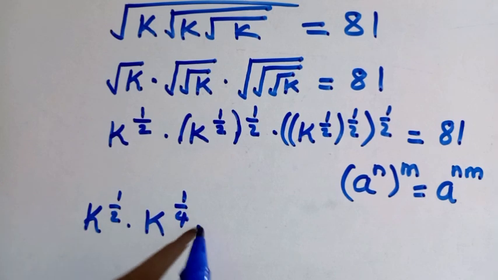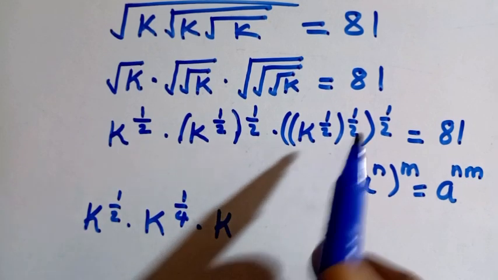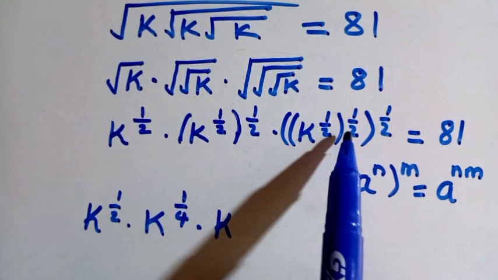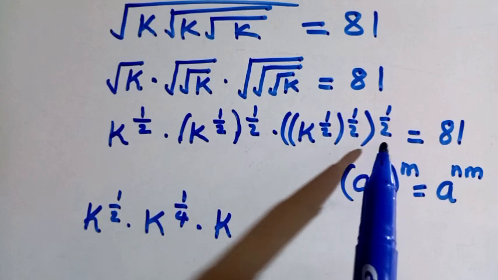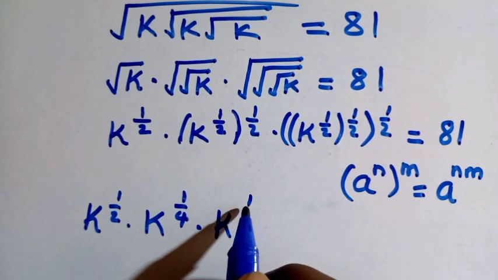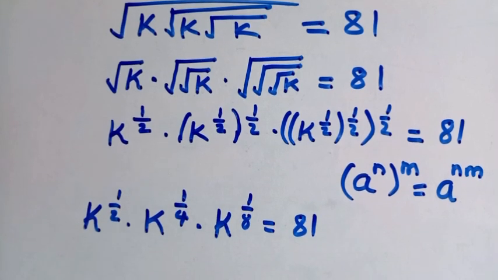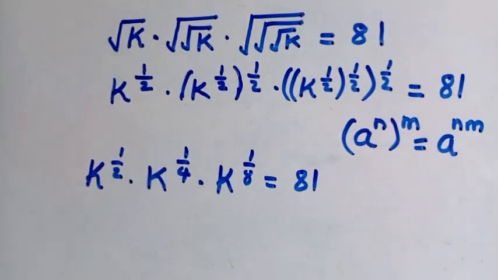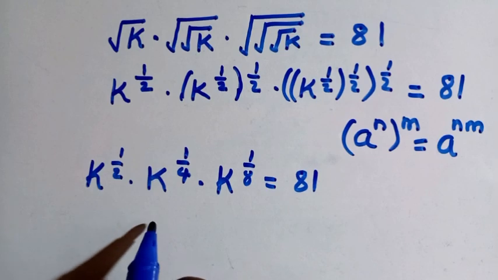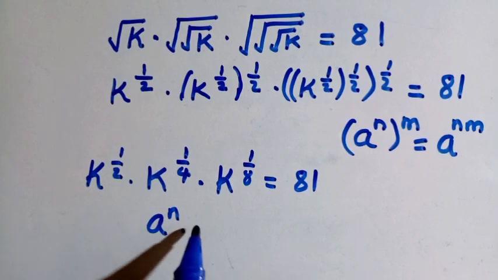That is 1 over 4, multiplied by k raised to power 1 over 2 multiplied by 1 over 2 multiplied by 1 over 2. That is 1 over 4, and 1 over 4 multiplied by 1 over 2 gives us 1 over 8. And this equals 81.